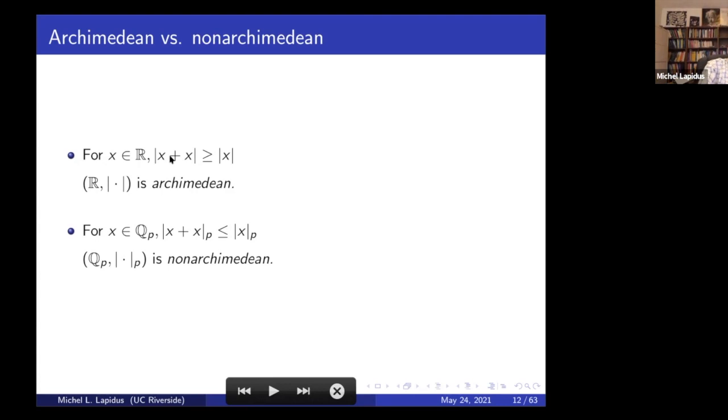Okay, so in the Archimedean case, as you know, the absolute value of the sum of two numbers is at most the sum of the absolute values. And in the non-Archimedean case, it is at most the maximum, which is somewhat surprising and implies in particular that the ring of p-adic integers is truly a ring, which is absolutely not the case in the Archimedean case, because, for example, the interval [-1, 1] is not stable under addition, obviously.